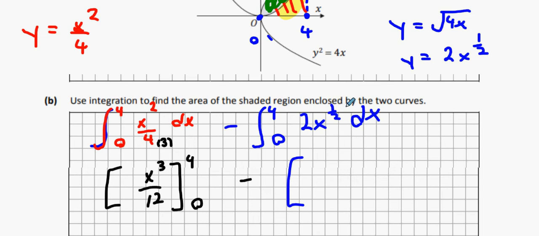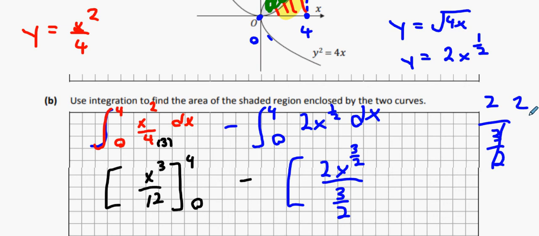Add 1 onto the power, and you get 3 over 2. Divide by the new power, which is division of 3 over 2. Now 2 divided by 3 over 2 is, bring the fraction upside down, 4 over 3 when I multiply that out. So it's going to be 4 over 3 x to the power 3 over 2.